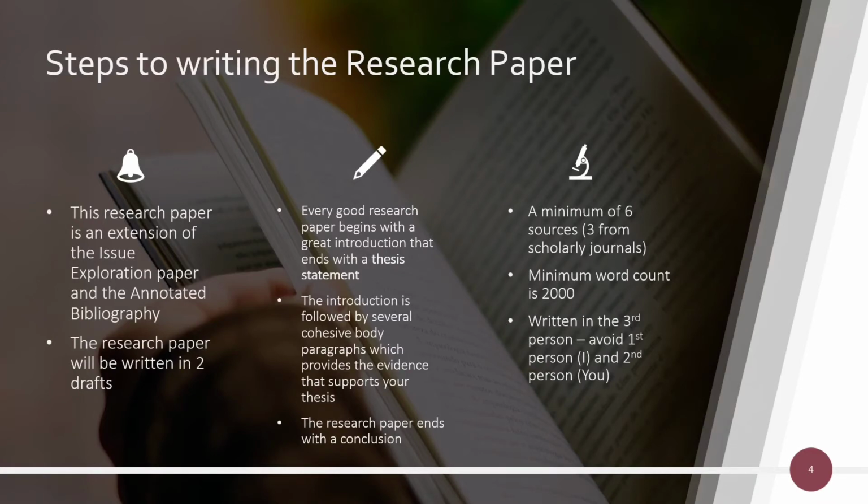This paper is written in the 3rd person, the academic voice, which I'm sure we have talked about throughout the course of this term. Avoid the 1st person, which is I, and the 2nd person pronoun, which is you. The 1st person plural, we, is pretty acceptable for academic writing. Just keep all of your pronouns really to a minimum.